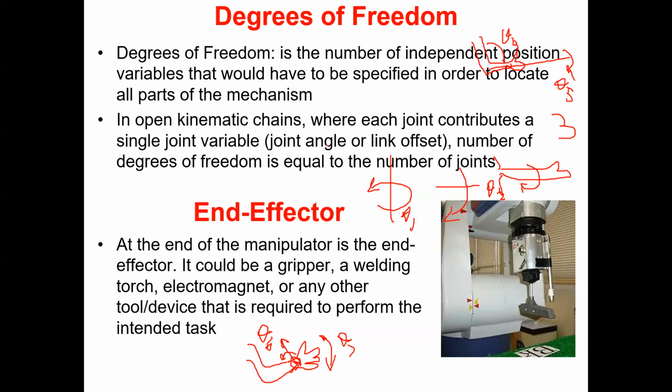Multiple solutions, in other words. Okay, so the arm configuration is another word you need to remember. The configuration is the angle set. What is the first angle? What is the second angle? What is the third angle? Fourth, and so on.